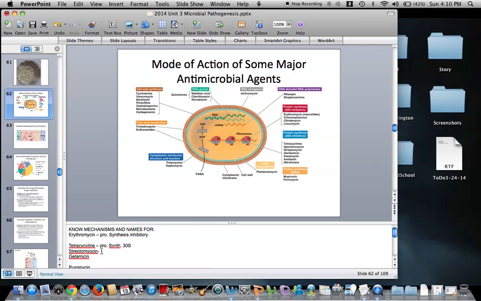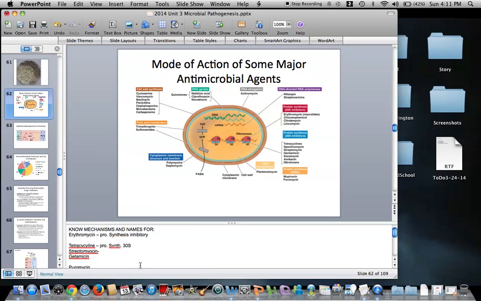Streptomycin. This also blocks protein synthesis, doesn't it? Looking for it. Is this streptoviricins? I don't think so. No, here it is. Streptomycin.